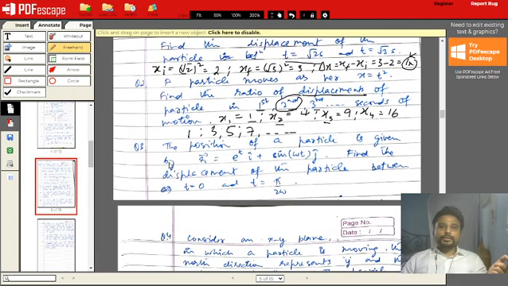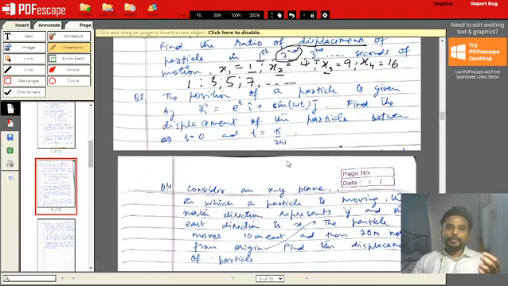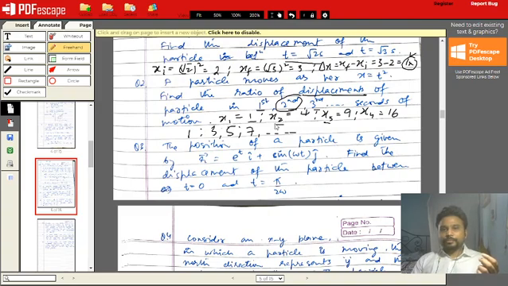So the ratio of displacements would be 1 is to 3 is to 5 is to 7 and so on. This would be a ratio of odd numbers. Now, third question. The position of a particle is given by r vector equal to e to the power t i cap plus sin omega t j cap. Find the displacement of the particle between 0 second and pi by 2 omega. So for that we have to write the initial and final position of the particle.